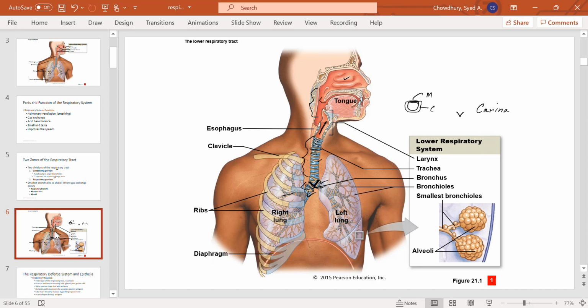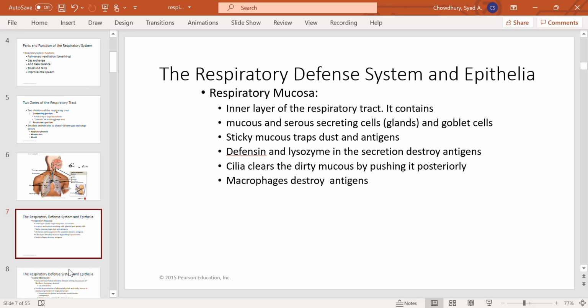Okay, now you remember in my first slide I showed you that inside the respiratory tract you have the respiratory mucosa. If I make a cross section, this is for example your trachea. Okay, if I make a cross section and see inside, this is the cross section, right? This is the lumen, this is the wall, and this is the respiratory mucosa, the innermost lining.